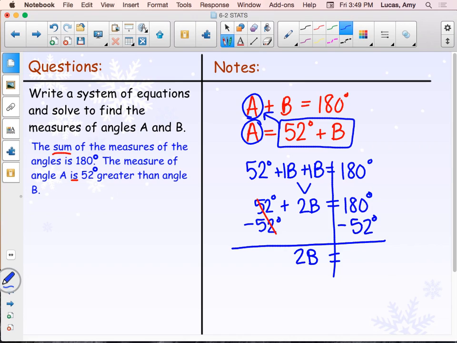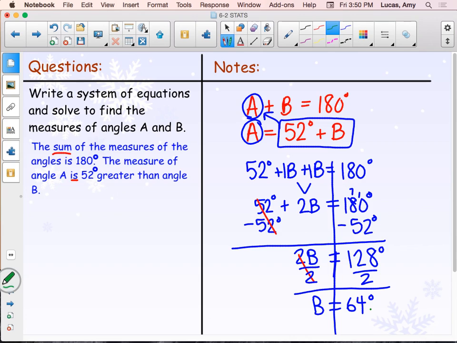2B equals 10 minus 2 is 8. 7 minus 5 is 2, so 128 degrees. And then I divide by 2. So B equals 64 degrees. Then I can bring that back up to where I started. So A equals 52 degrees plus B, which is 64 degrees.